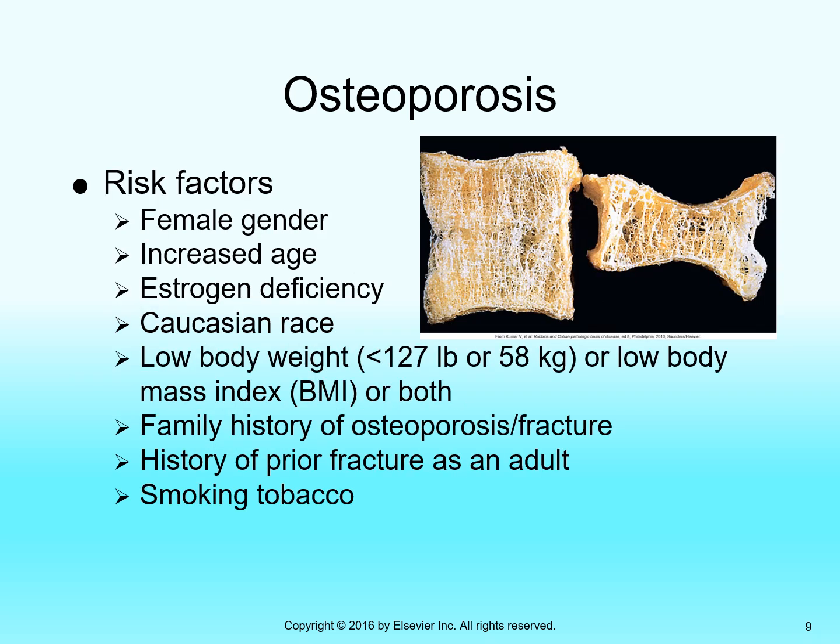Right. So your risk factors. Are you female? You have a higher risk for osteoporosis. Do you have estrogen deficiency? You have increased risk for osteoporosis. Are you Caucasian? You have increased risk for osteoporosis.